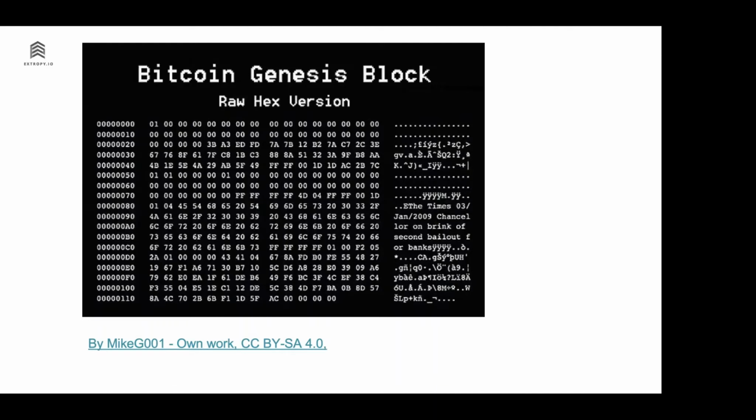there's a data area in this where you can put arbitrary pieces of data. And added to this, as you can see on the right-hand side, was some text, which is the headline from the Times newspaper for that particular day, or maybe a day before or so, which is talking about the bailout of the bank.